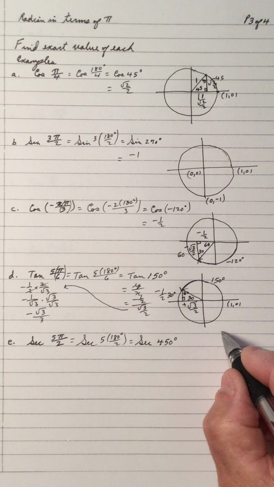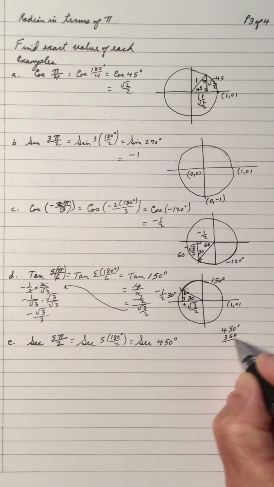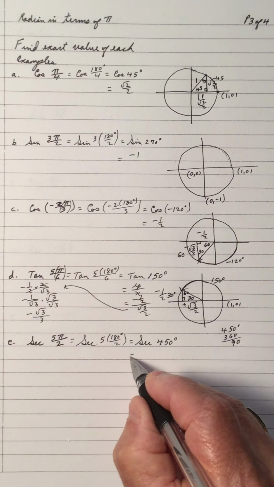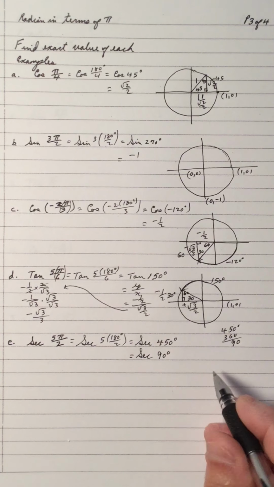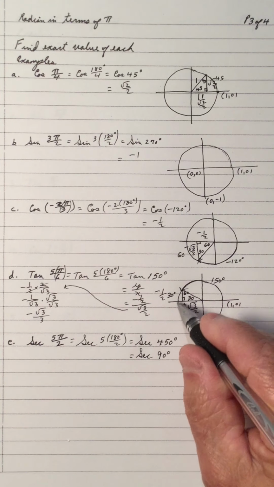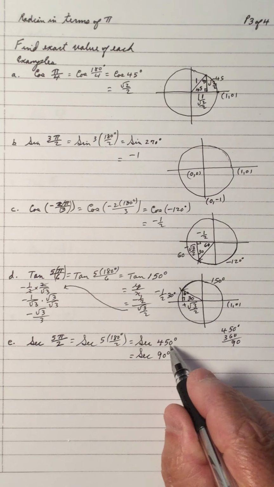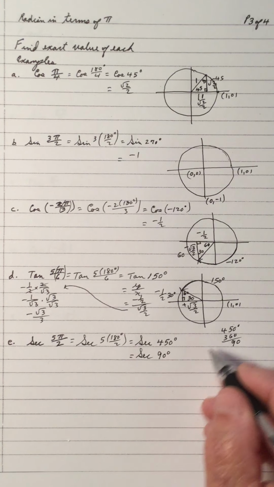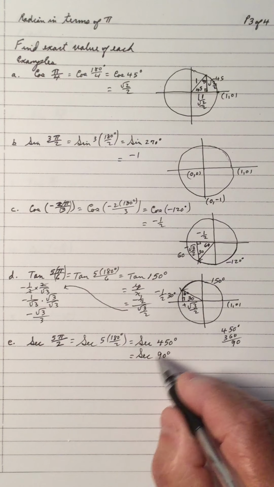Let's take the 450 and subtract 360 from it, and we'll get a 90. So that's the secant of 90. 450 is around plus 90 more. But if you do the secant of 450 or the secant of 90, you just rotate to here. So you can do either one.